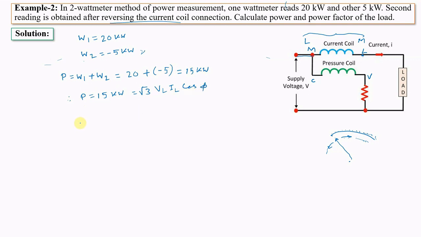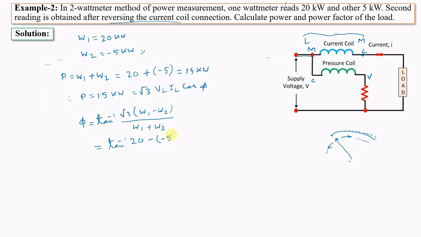The second step is the power factor. We know that the phase angle can be obtained by the reading of two wattmeters by using the formula phi equals tan inverse of root 3 times (W1 minus W2) upon (W1 plus W2), where W1 is 20, W2 is minus 5.